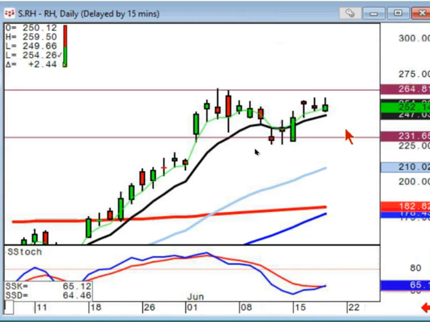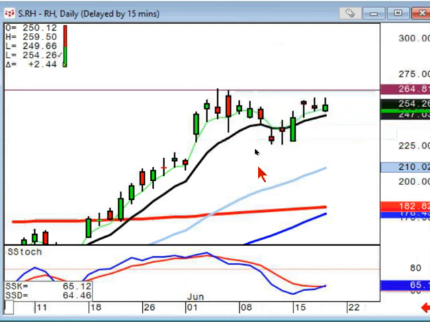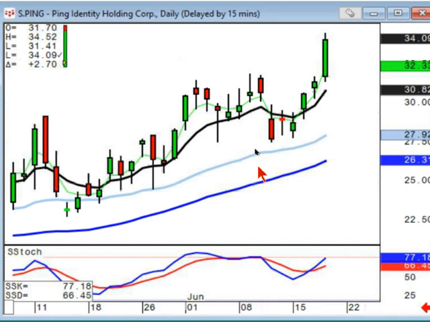You want to see it break out through that level. Lulu, nothing. Wouldn't be long or short this one. No direction. Ping, there's your doji sandwich breakout through this level. That implies you're going to have more upside.